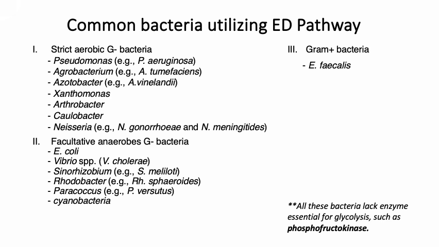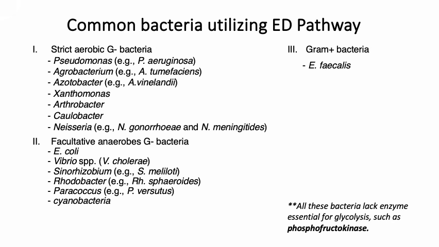Now, this slide shows you the common bacteria utilizing the ED pathway. Usually, your strict aerobic gram-negative bacteria like Pseudomonas, as well as Neisseria, can utilize your ED pathway. Some facultative anaerobes that are gram-negative bacteria that can also alternatively utilize your ED pathway are Escherichia coli, your Vibrio species, as well as cyanobacteria.